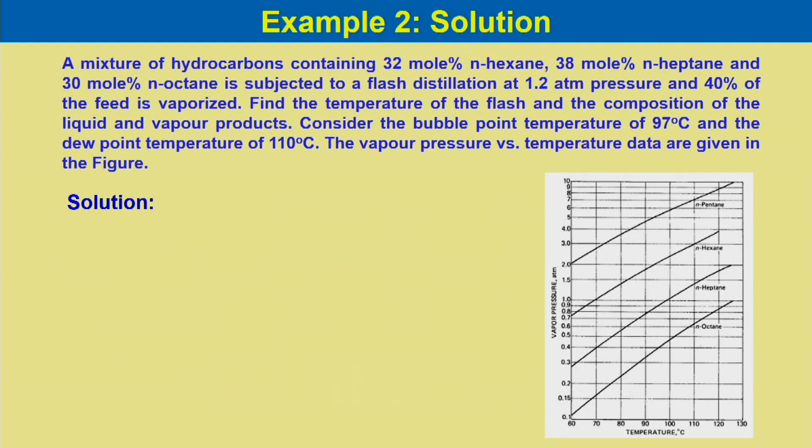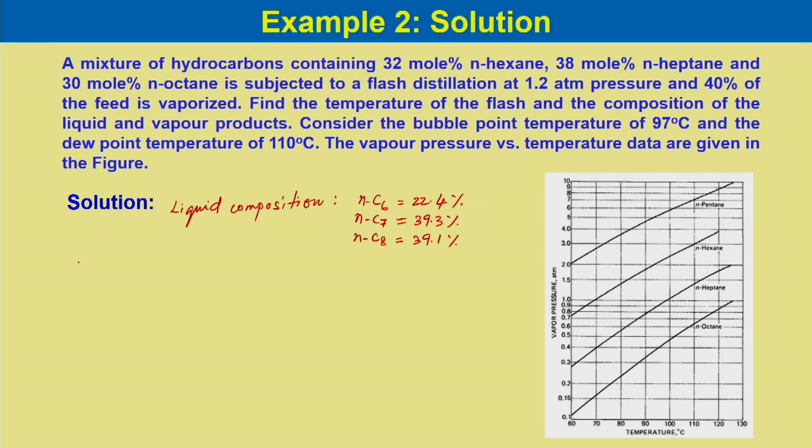So, liquid composition nC6 is equal to 22.4%, nC7 is equal to 39.3%, nC8 is equal to 39.1%.